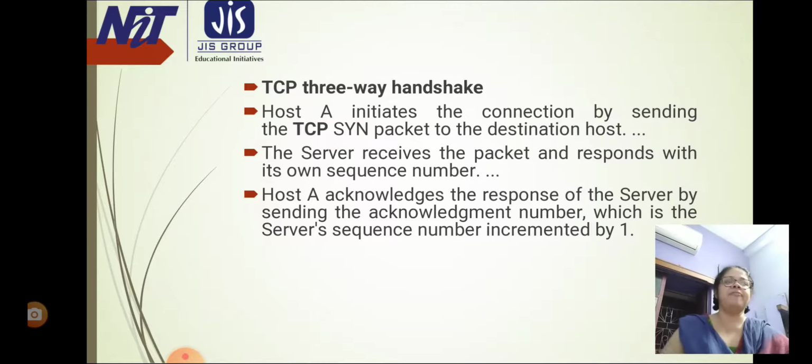Step 1 and step 2 establish the connection parameter for one direction and it is acknowledged. Step 2 and 3 establish the connection parameter or sequence number for the other direction and it is acknowledged.